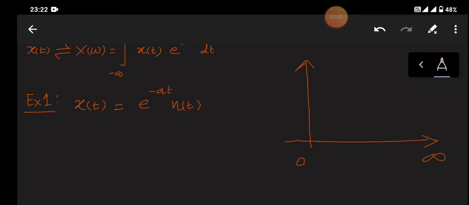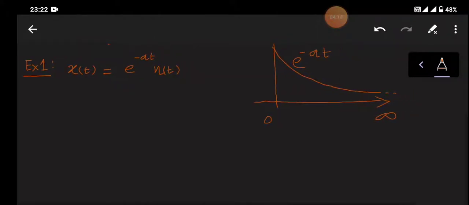This is a decreasing exponential, so the signal will go like this. The signal will exist only for 0 to infinity.